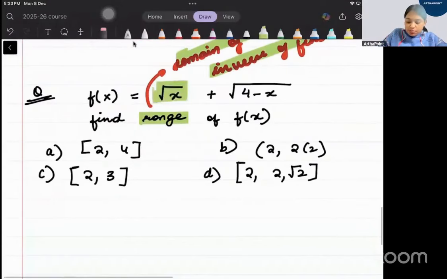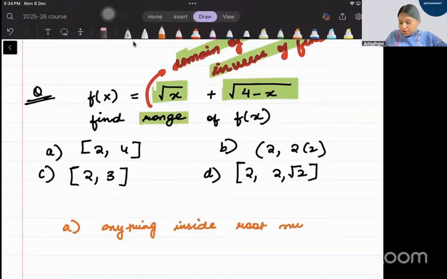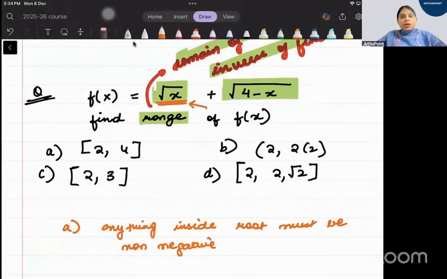But this is root. So property number 1, we know that anything which needs to be plugged inside root must be non-negative. माने if I have to plug something here, अगर मुझे यहाँ पे कुछ डालना है, तो I cannot put anything negative inside the root.